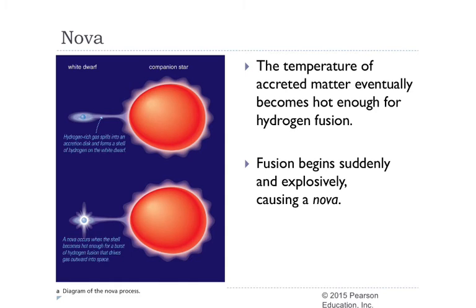And what we end up with is a large explosion, what we call a nova. So not a supernova, but a nova. So a white dwarf with a companion star stealing some of its matter, and then hydrogen fusion happening in the accretion disk.